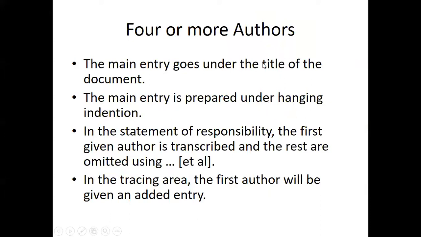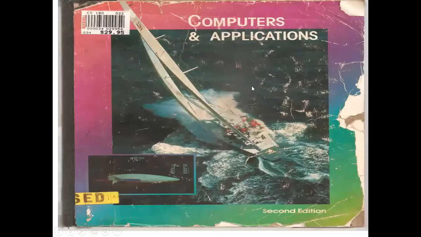I'll go back to the entry which I've already prepared to show you the title and then the hanging indention, how the title is hanging. I will scroll or fast forward. This is the book. I think this is now the back cover. You can see the price there.